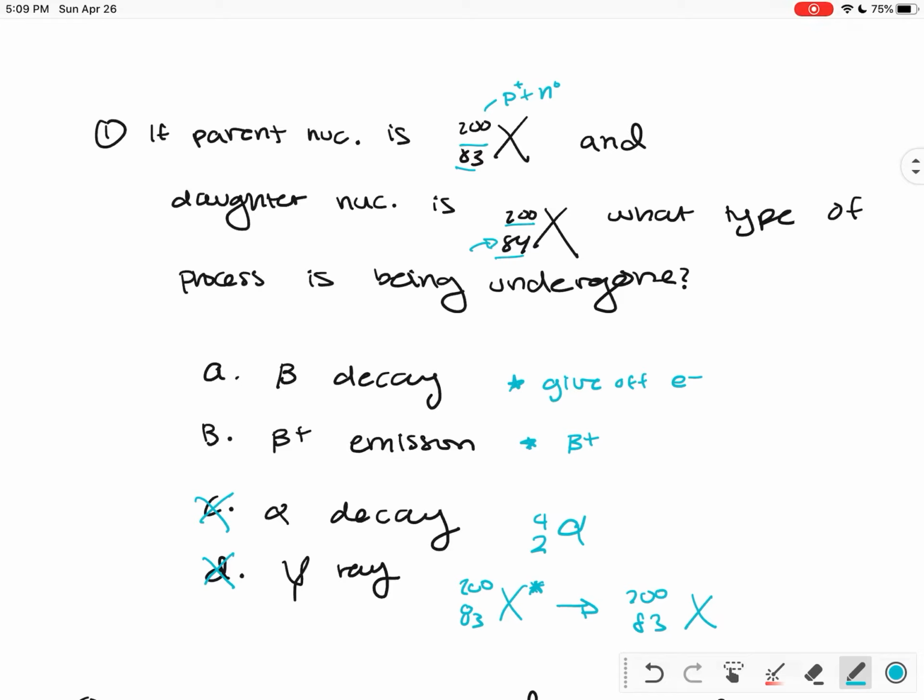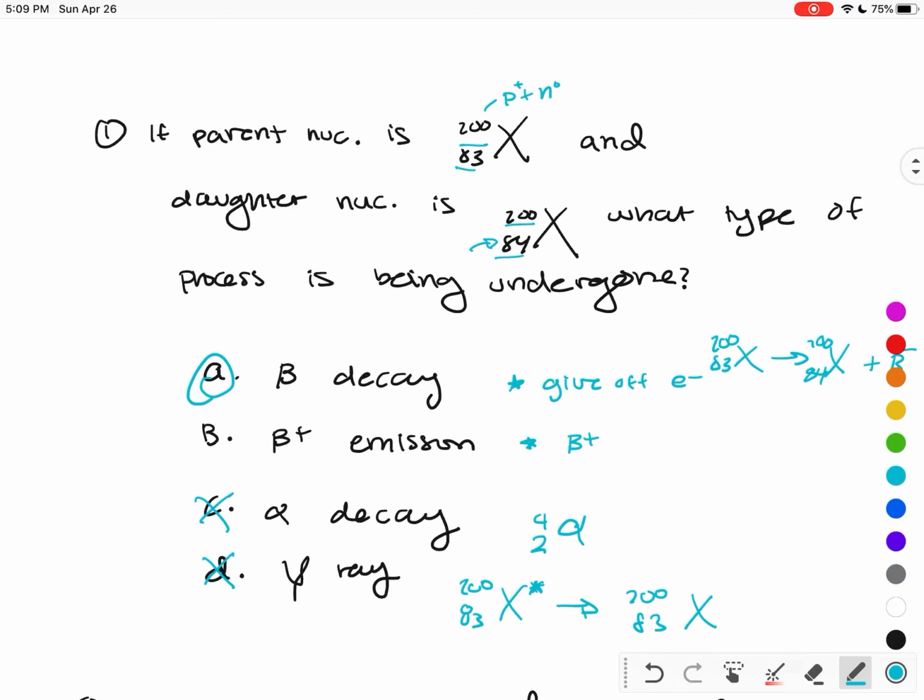So it would basically look like this, which is an electron, and our atomic number will be increasing by 1. So I think it's beta decay.